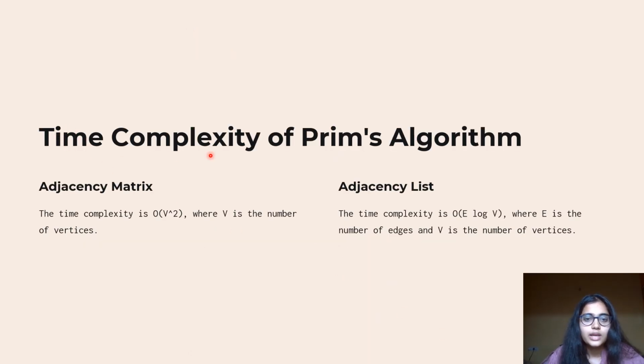Now let's learn the time complexity of Prim's algorithm. For the adjacency matrix, the time complexity is O of V square, where V is the number of vertices. And for the adjacency list, the time complexity is big O of E log V, where E is the number of edges and V is the number of vertices.